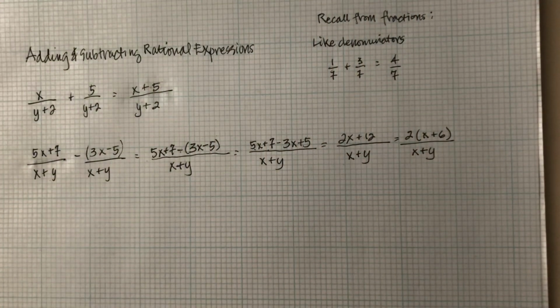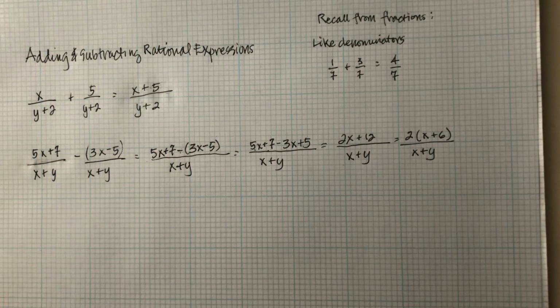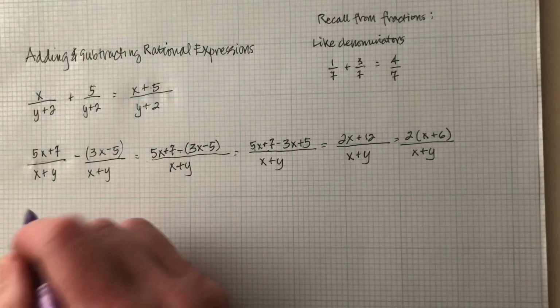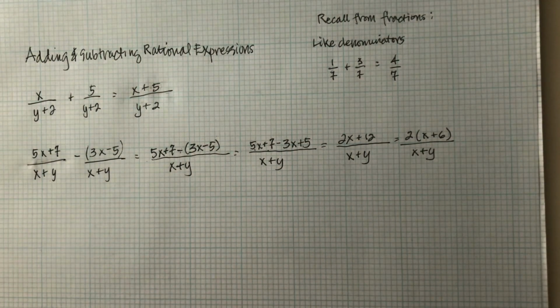So let's look at a situation where we have a subtraction problem with unlike denominators. Whether this is addition or subtraction, you're going to do the same operations to get the denominators to be the same.